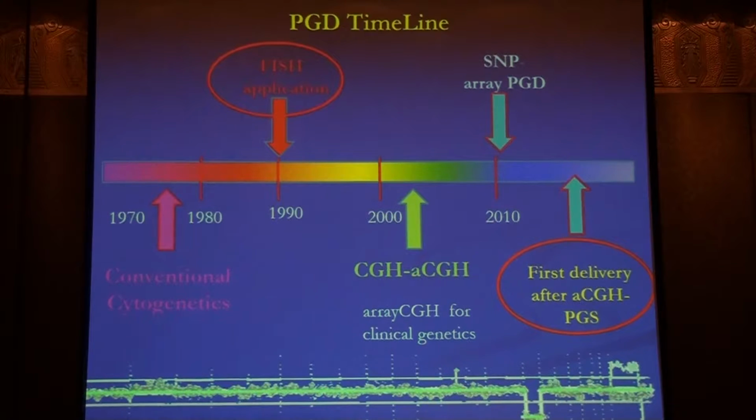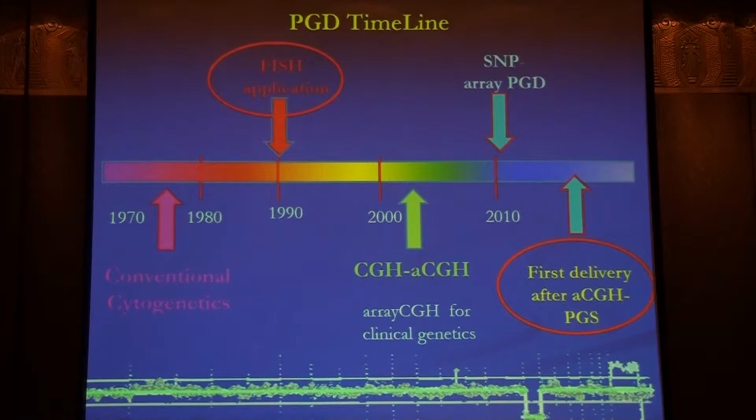If you look at the timetable, we should realize that between the 70s and 80s, modern cytogenetics developed, doing chromosomes with high resolution and different applications, amniocentesis and bone marrow chromosomes, all these conventional cytogenetics.